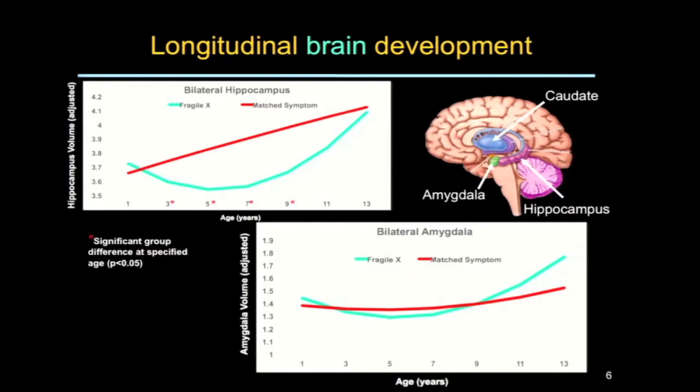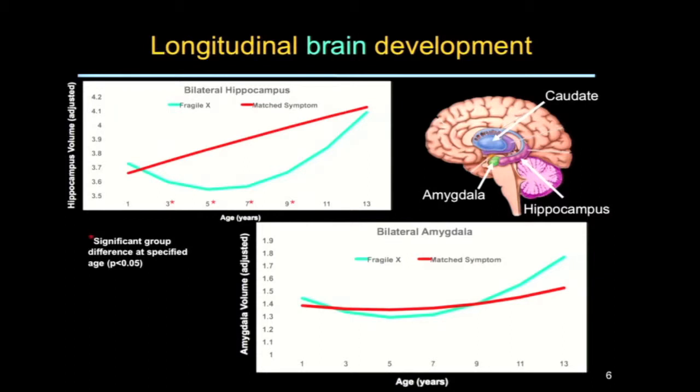We can see quite a divergence in the trajectory, the shape of the two lines. Again, the Fragile X group is in green and the matched symptom comparison group is in red. We can see a roughly linear, steady growth in the comparison group versus a much more curved and delayed growth in the Fragile X group, but they do start to catch up.